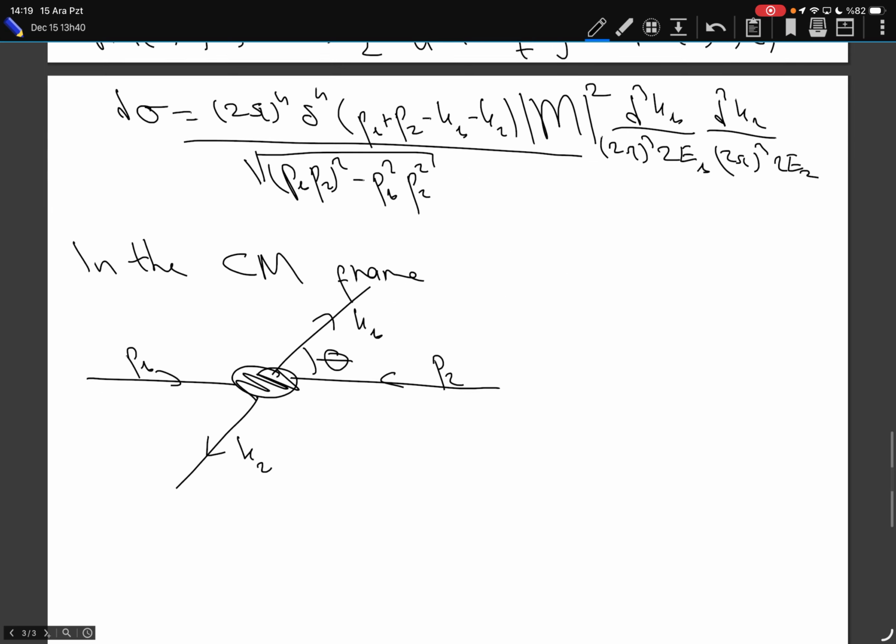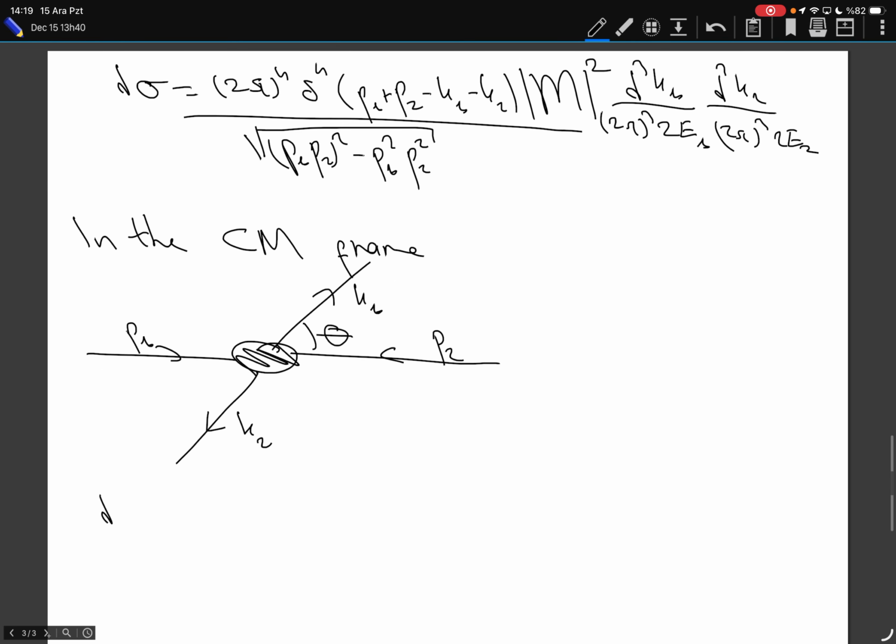So let's do that. dσ is equal to, well, let me cancel these 3's. Oops, sorry, not 2. There is a 1 over (2π)².